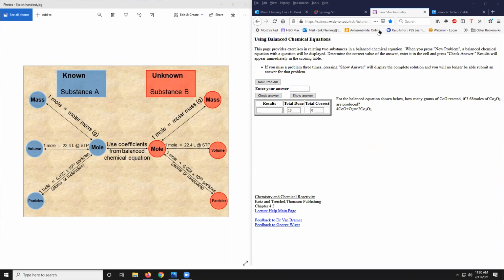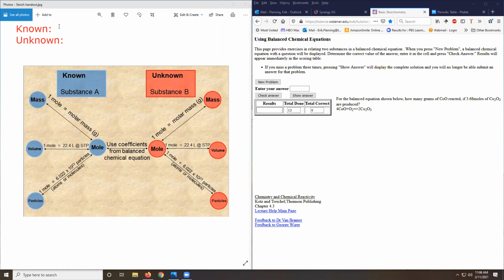Finding our knowns and unknowns? Yeah. I'm not sure why it gave us a lot of problems, but let's see here. I'm going to put known down and unknown. So what is the known quantity in this equation? Would it be Co2O3?